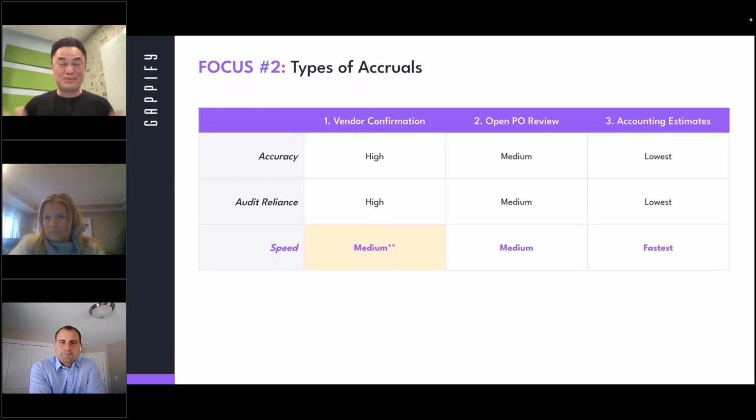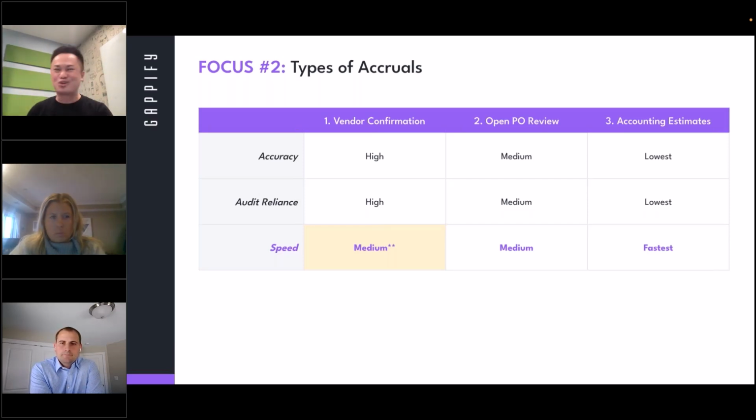What do I mean by that? We have some customers who are very adamant that if they are not going to get their accounting estimates by day 2, for example, they will hold back payment. So I don't suggest that for every company.